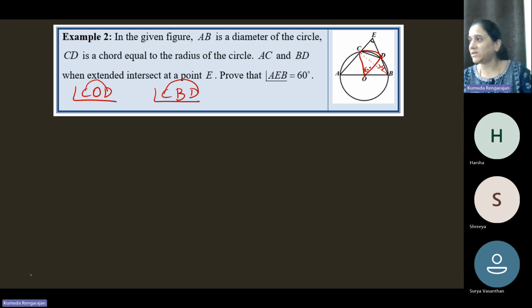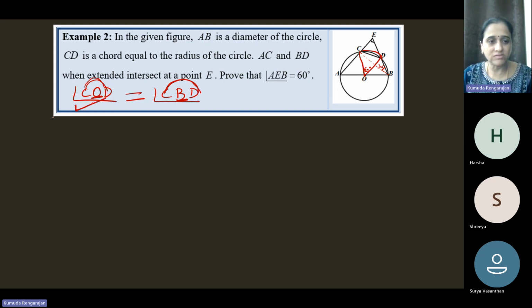It's very easy to identify the angles because you can see the arc there. CD is the arc. COD is the angle at the center. CBD is the angle on the circumference at B, made by the same arc. So there is a relation between these two angles.